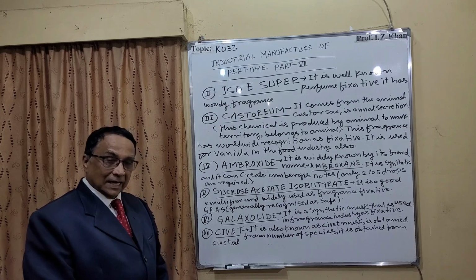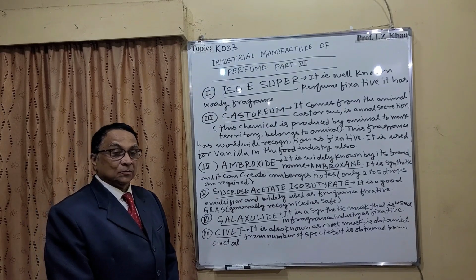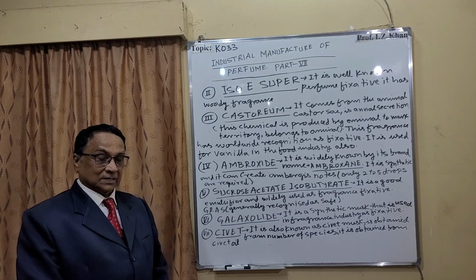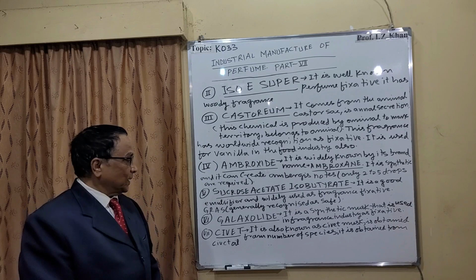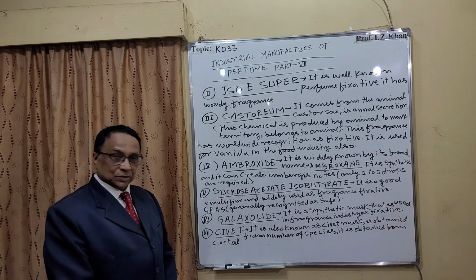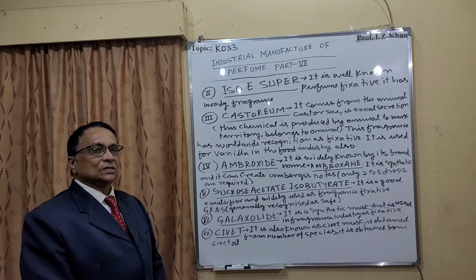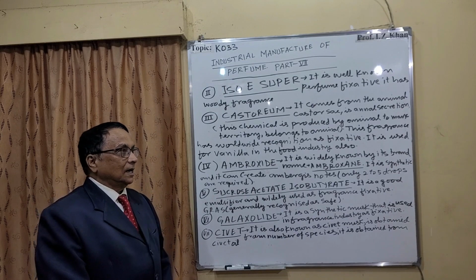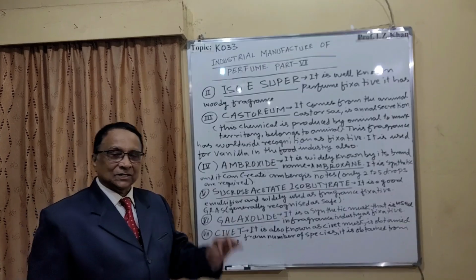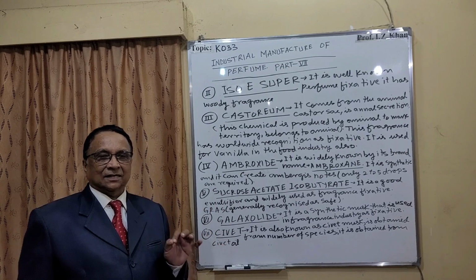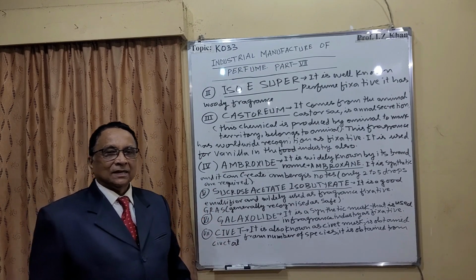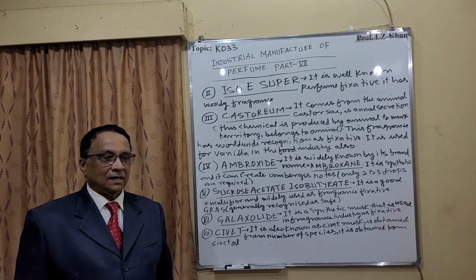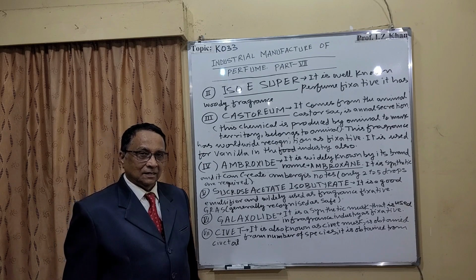Number 6, glaxolide. I will give you the second most important chemical compound in the perfume industry after Iso E Super. Glaxolide is a synthetic musk. Musk is a very luxurious natural fragrance. To my understanding, real original musk is extracted from the deer, which is found very rarely in the Mongolia region near Russia.